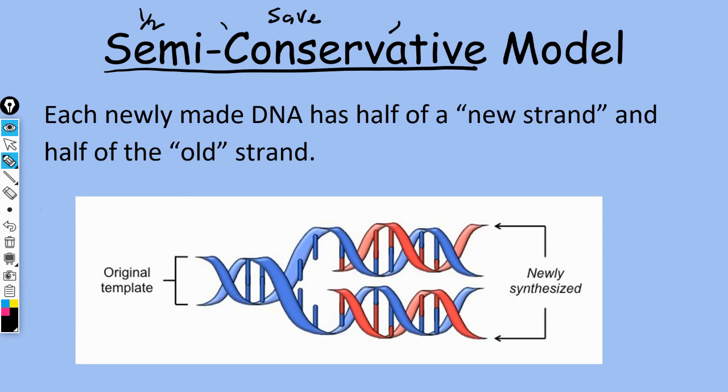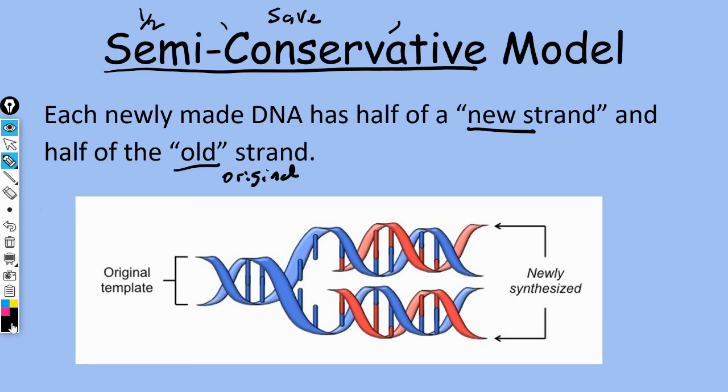So in the semi-conservative model of DNA replication, every time a chromosome replicates itself, each new chromosome has one original strand of DNA, or what we might refer to as the old strand, and then it has one new strand. So the DNA molecule that's being synthesized has one old and one new.